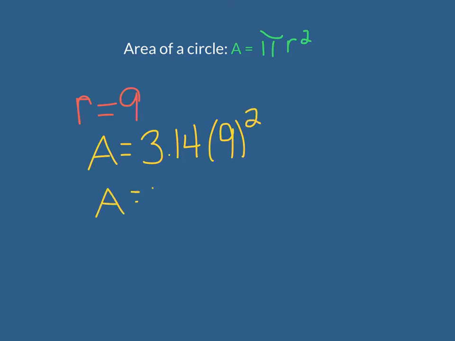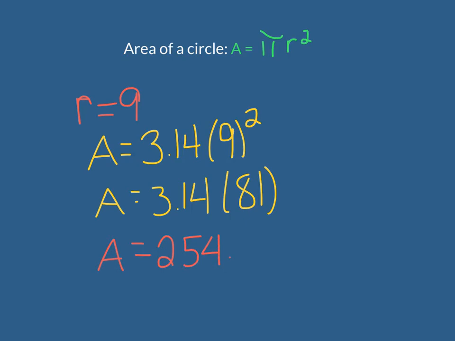So A equals 3.14 times 81. And then when you multiply that out, you would get the area equals 254.34 feet squared.